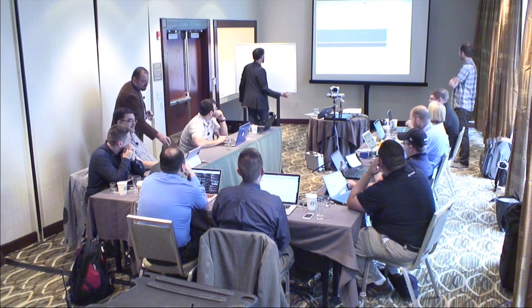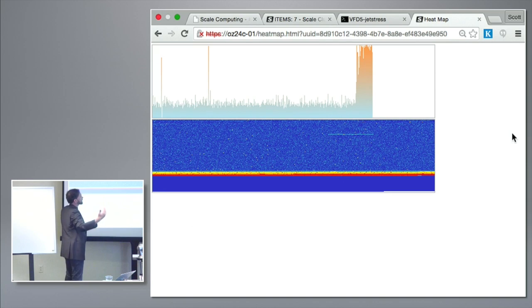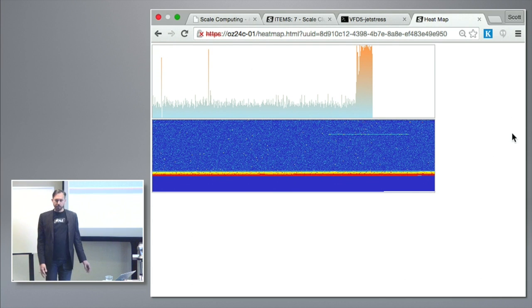So this thing's actively running jet stress. There's kind of two views of the heat map here. The top one's compressed just because there's not room for a line for every block. But you can see down here, every pixel represents one block on the virtual device. And what we're doing is keeping a heat index for everything on here.